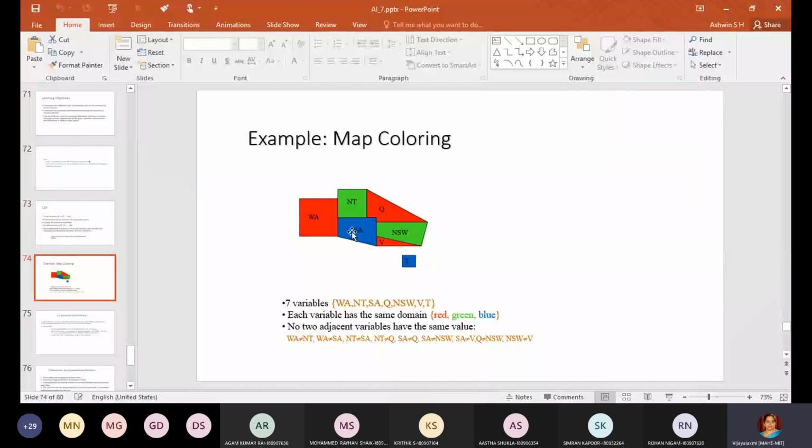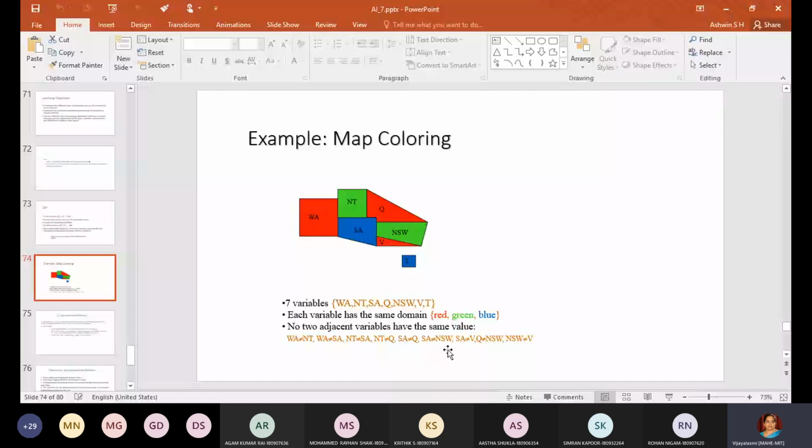This is a very interesting problem in artificial intelligence, map coloring. It is based on constraints, and the constraints have to be satisfied. Based on the constraints given, we can make a list: WA not equal to NT, WA not equal to SA, NT not equal to SA, NT not equal to Q, SA not equal to Q, and SA not equal to NSW, like this.